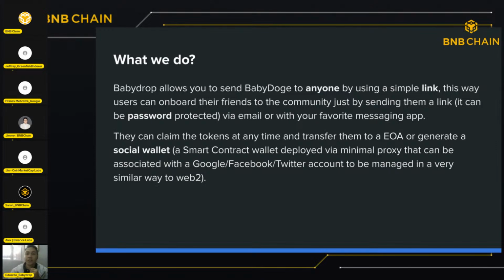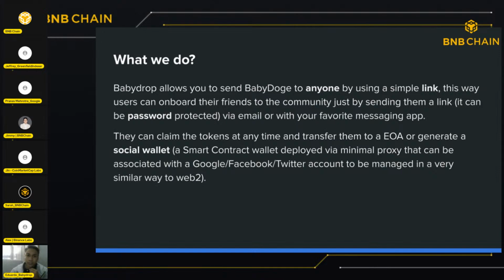to anyone just by using a simple link. This way, communities can onboard new users just by sending them links via email or messaging apps or social apps. These links can be password protected.